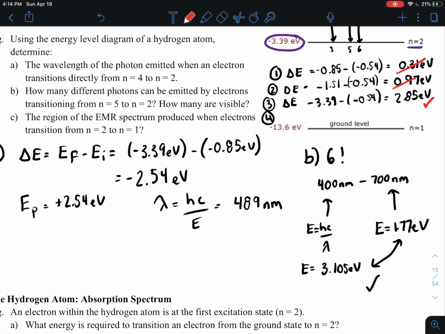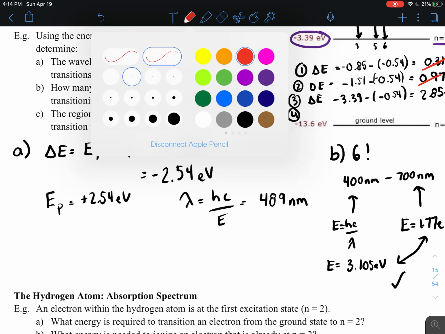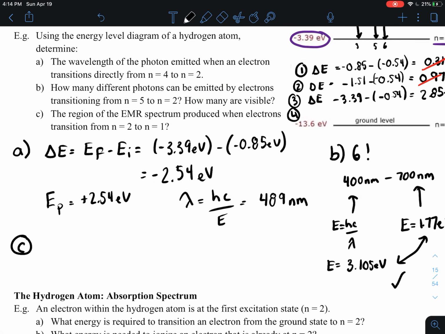Then it asks for the region of the spectrum when it goes from 2 to 1. That looks like a very large jump. So quickly, letter C. The transition between 2 and 1 is a change of energy, final minus initial, or negative 13.6 minus negative 3.39.